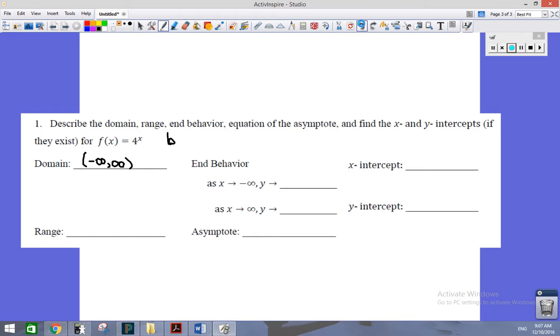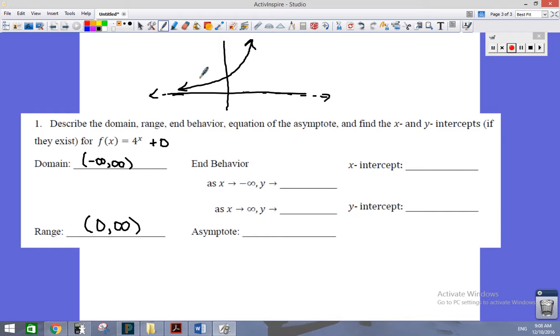And we are not adding or subtracting anything to this, so there's no transformation up or down. So the basic graph of this is going to be like this. The range, because that's 0 there, we haven't lifted it up or down: positive real numbers. The asymptote is horizontal.